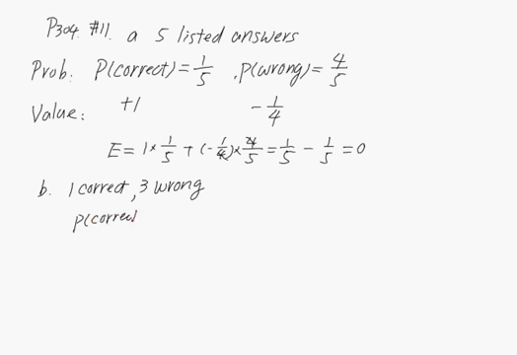What is the probability of the correct answer? 1 over 4. Totally we have 4 answers and only one answer is correct. So the probability of the correct answer is 1 over 4, and the probability of the wrong answers is 3 over 4.